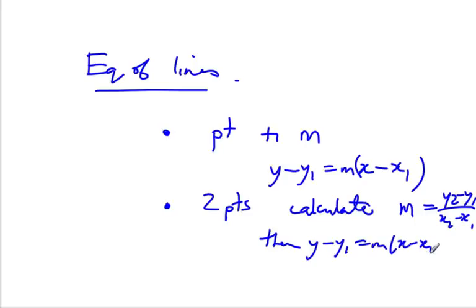So why isn't m's gradient? Sorry? M's gradient, yeah, m's the gradient. Because someone called it m, and it's just always been m. In fact, a long time ago I had a discussion with some people, and I think we are the only ones who write y equals mx plus c.